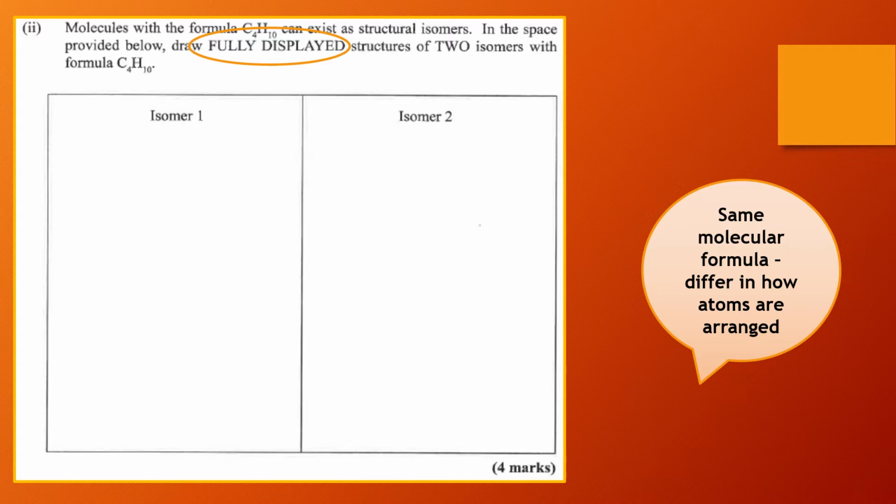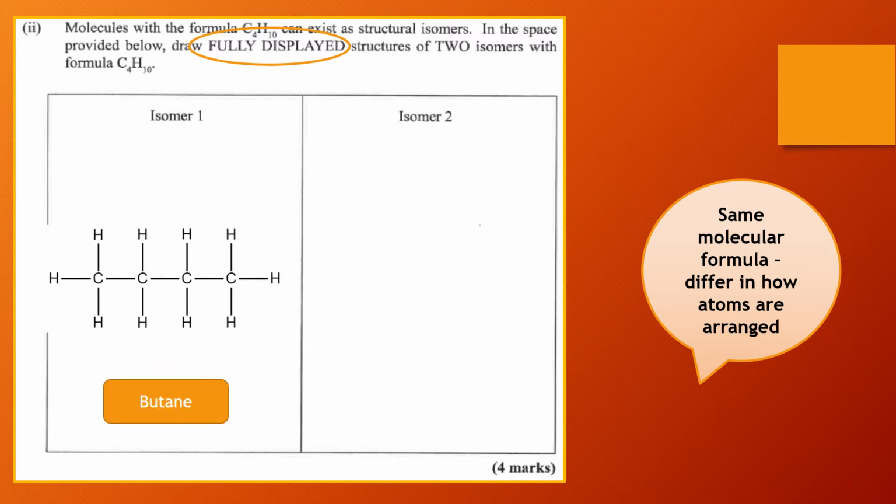So we're looking at butane. And generally, when we're drawing structural isomers, you can draw the straight chain isomer first. So for butane, having 4 carbons joined in a straight link, and the requisite number of hydrogens added so that carbon has 4 bonds would represent isomer 1, butane.